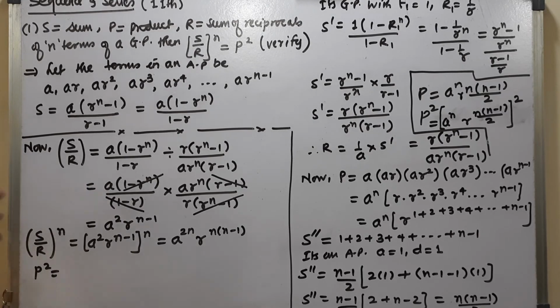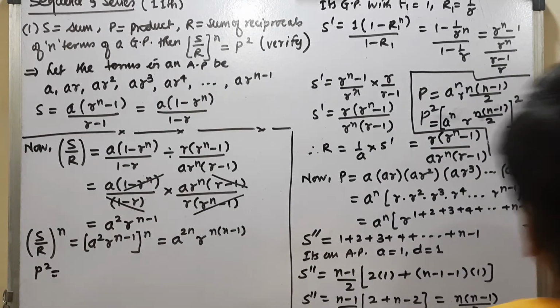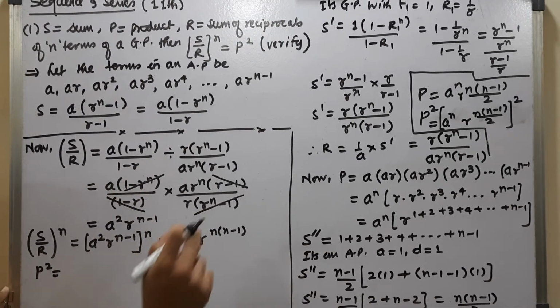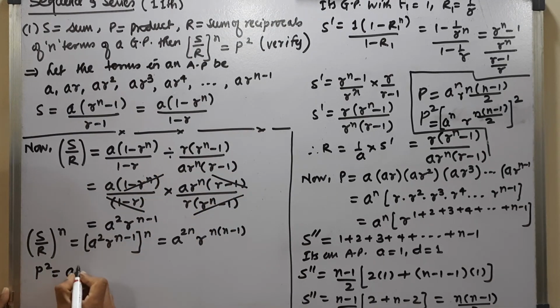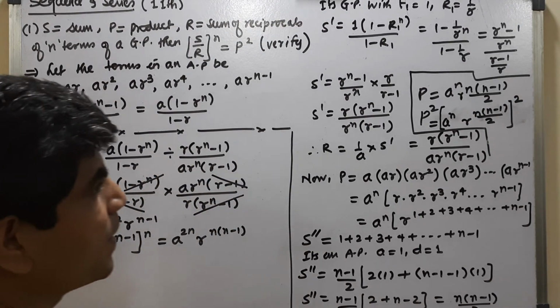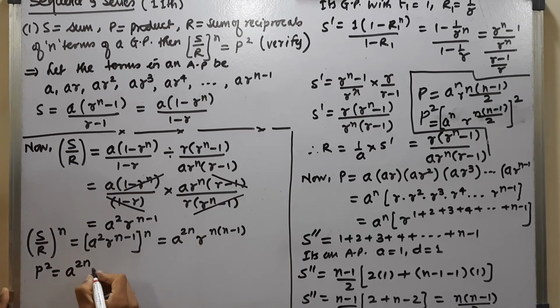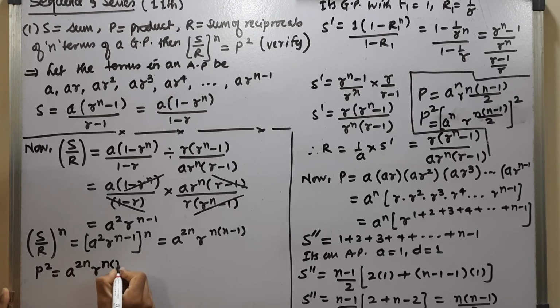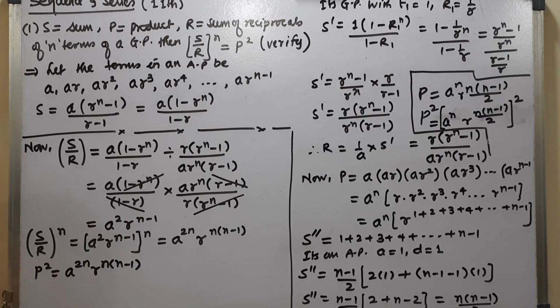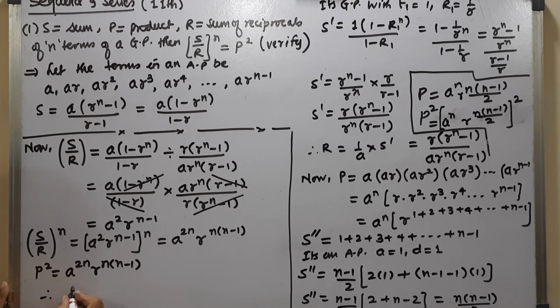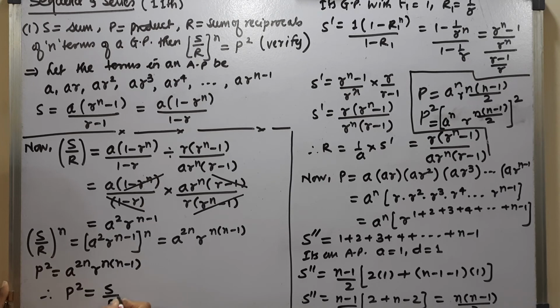So p square what I get here will be a raised to 2n, and r raised to n into n minus 1 by 2 raised to 2, that is r raised to n into n minus 1, which absolutely matches. So therefore what we get here is that p square is equal to s by r whole raised to n is verified.